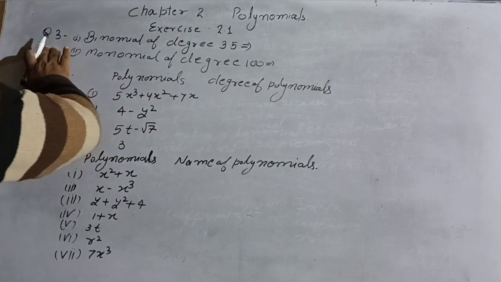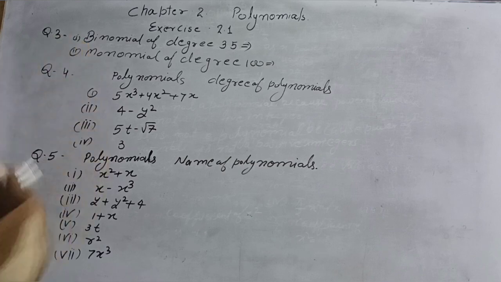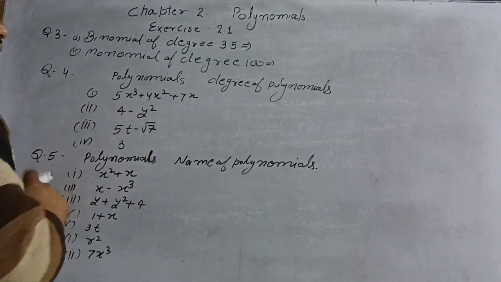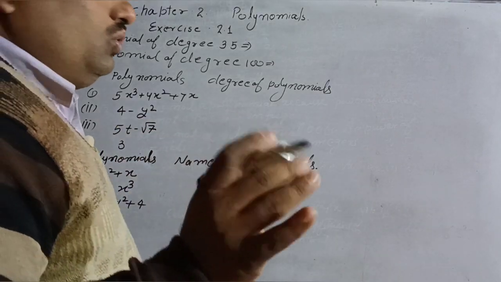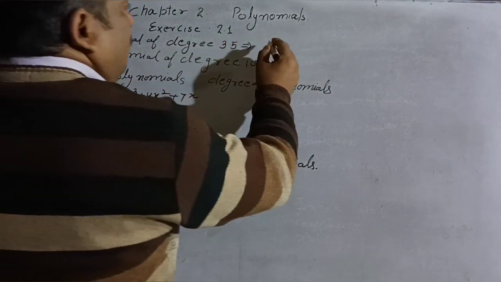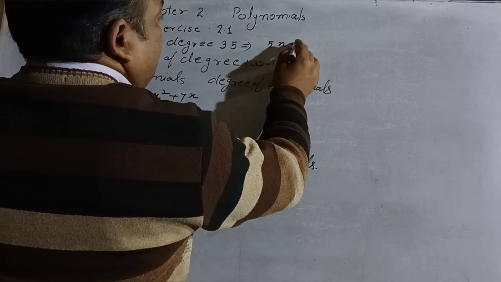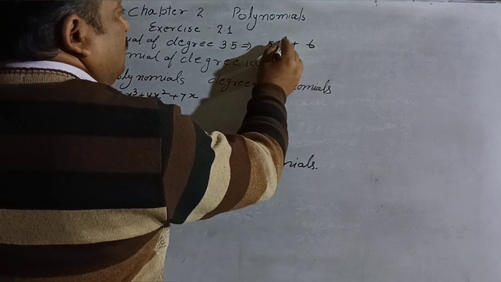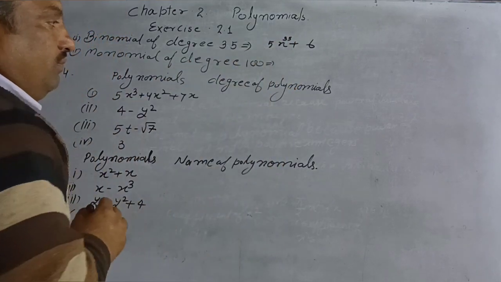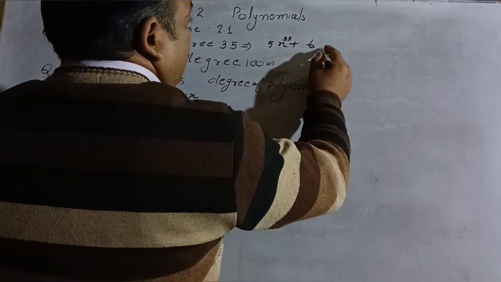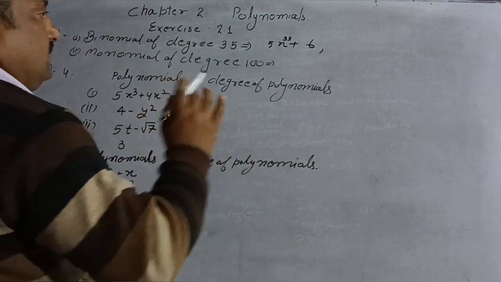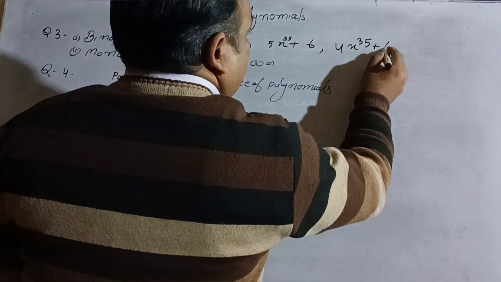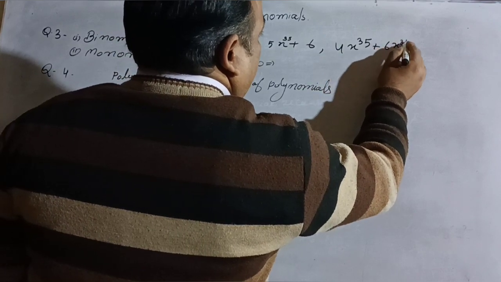In question number 3, write the binomial of degree 35. Binomial means two terms. First we write two terms, 5x plus 6, and the degree of the polynomial is 35, means x to the power 35. 5x to the power 35 plus 6. There are many examples like this, 4x to the power 35 plus 6x to the power 34.